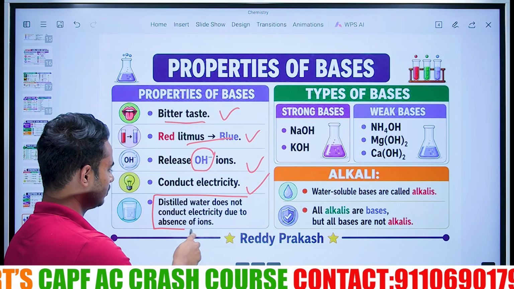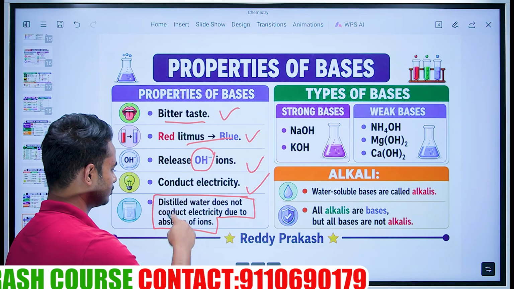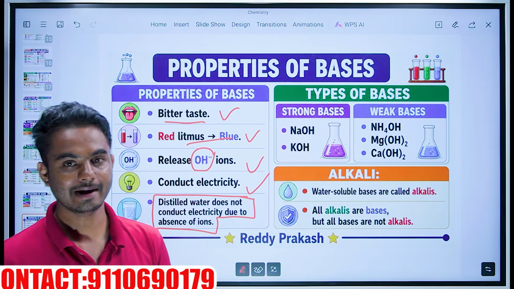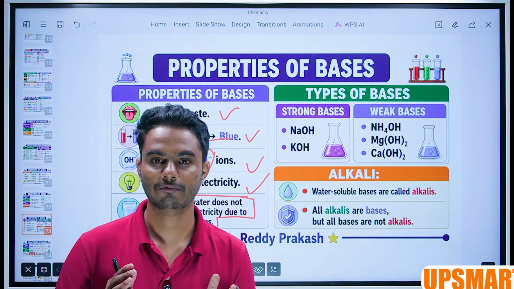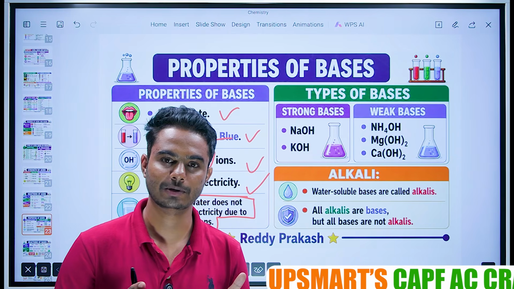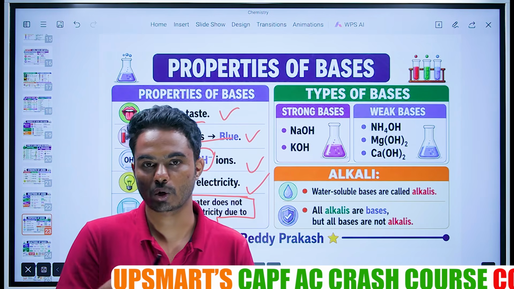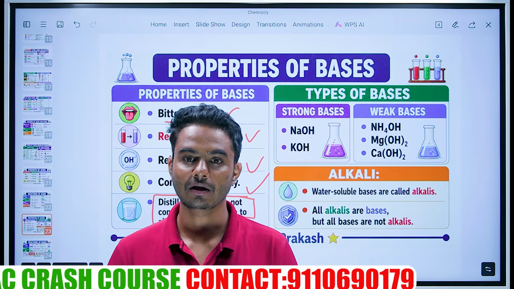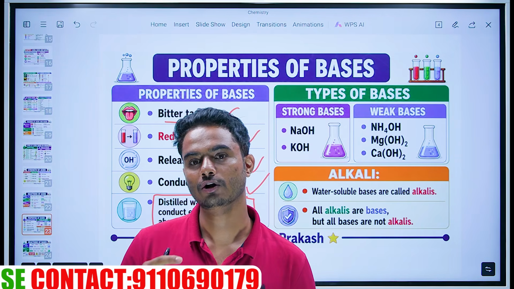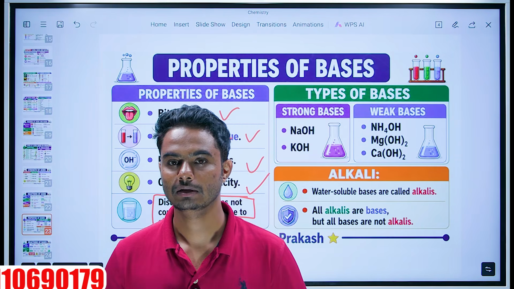Distilled water does not conduct electricity due to absence of ions. See, in batteries, you observe the UPS batteries, right? The backup power batteries, which are usually present in commercial buildings and houses. We usually fill distilled water in those. Why not normal water?